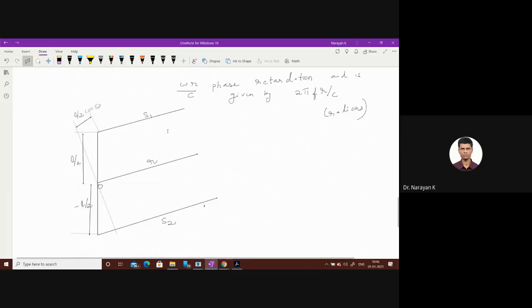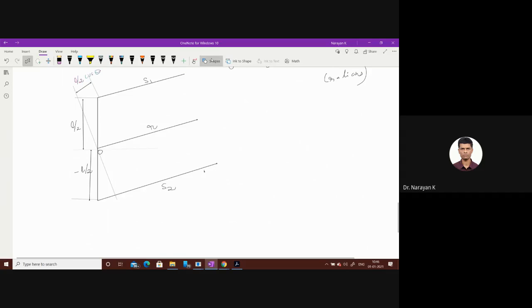That will be L by 2 cos theta. Similarly, this also will be L by 2 cos theta.